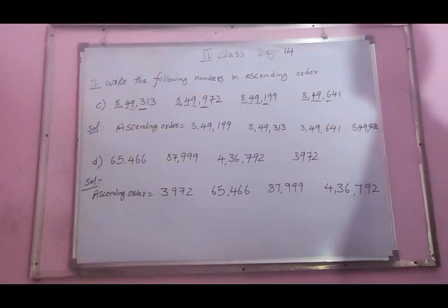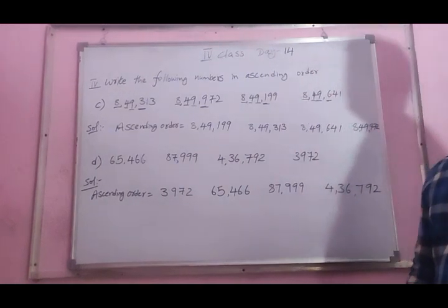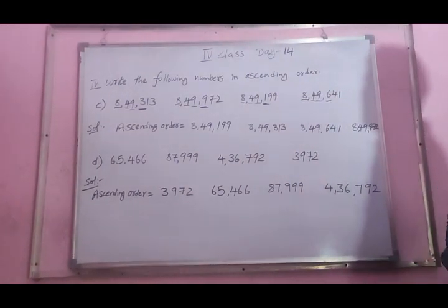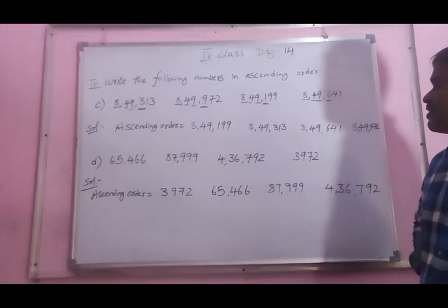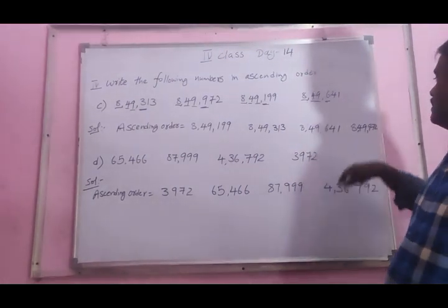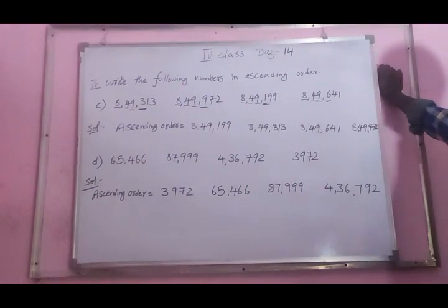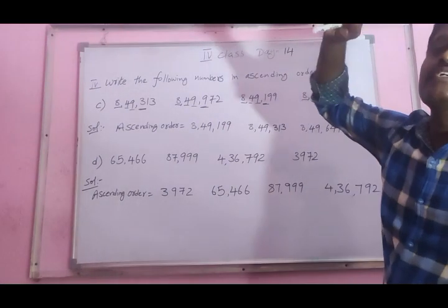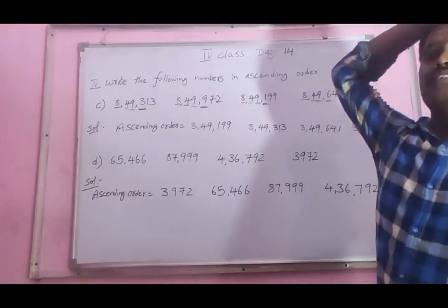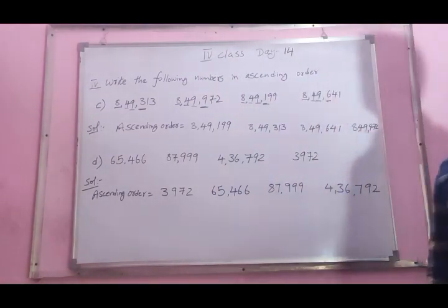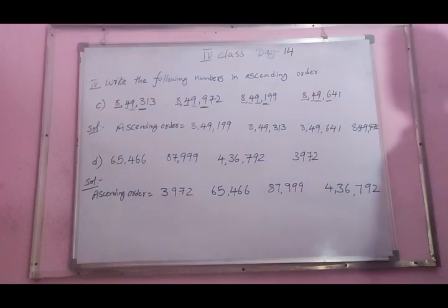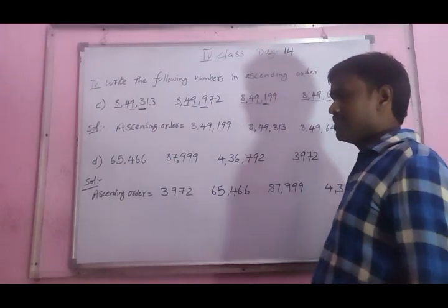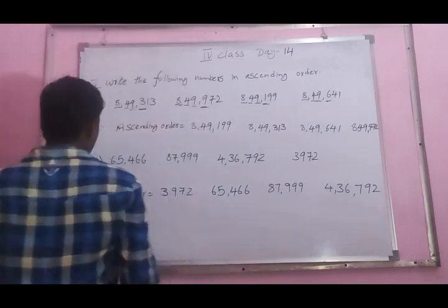So third number is 8,49,641. Finally, this is 8,49,972. Ascending order means increasing order, small number to big number.